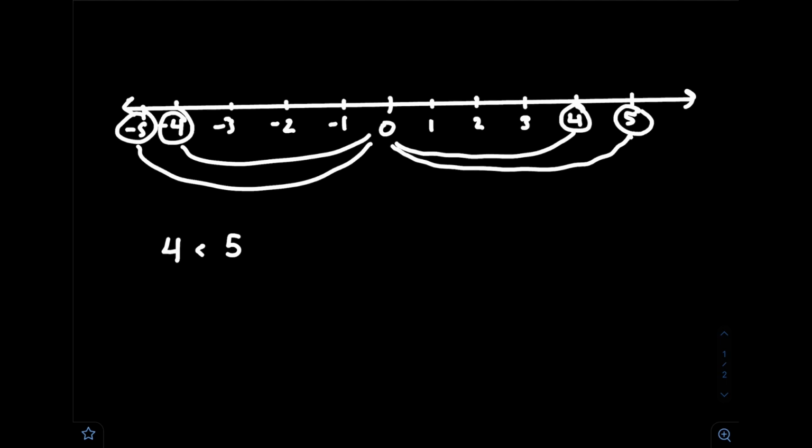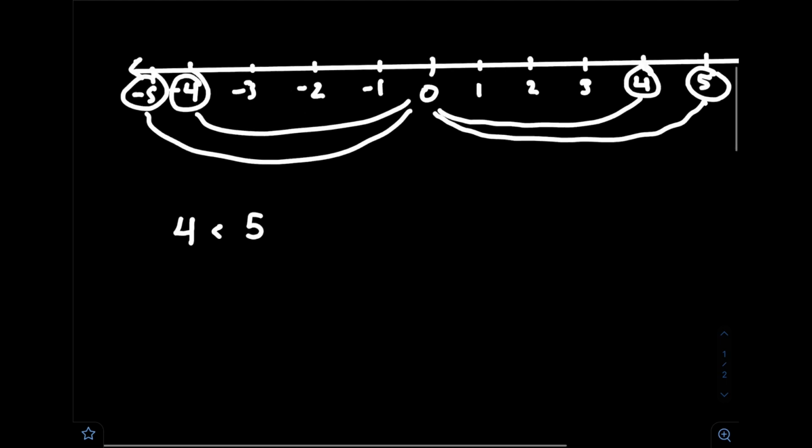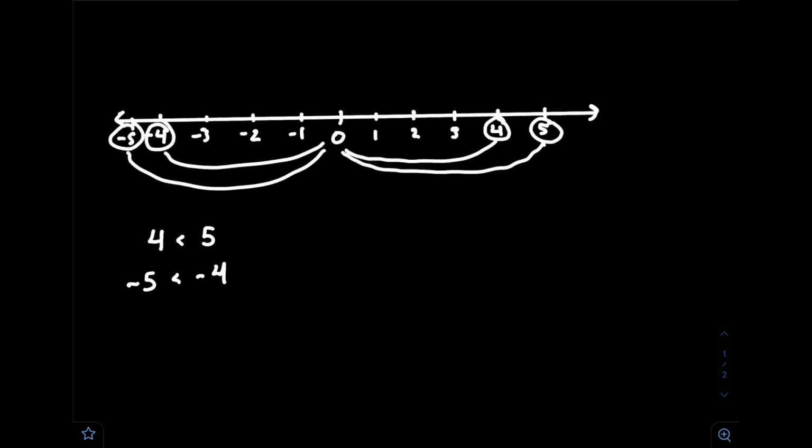So, in this case, -5 is less than -4 because -5 is further from 0, while -4 is closer to 0. And this is because as we're counting from left to right, we're going bigger, ultimately. So this direction doesn't change, which is why it works out this way.